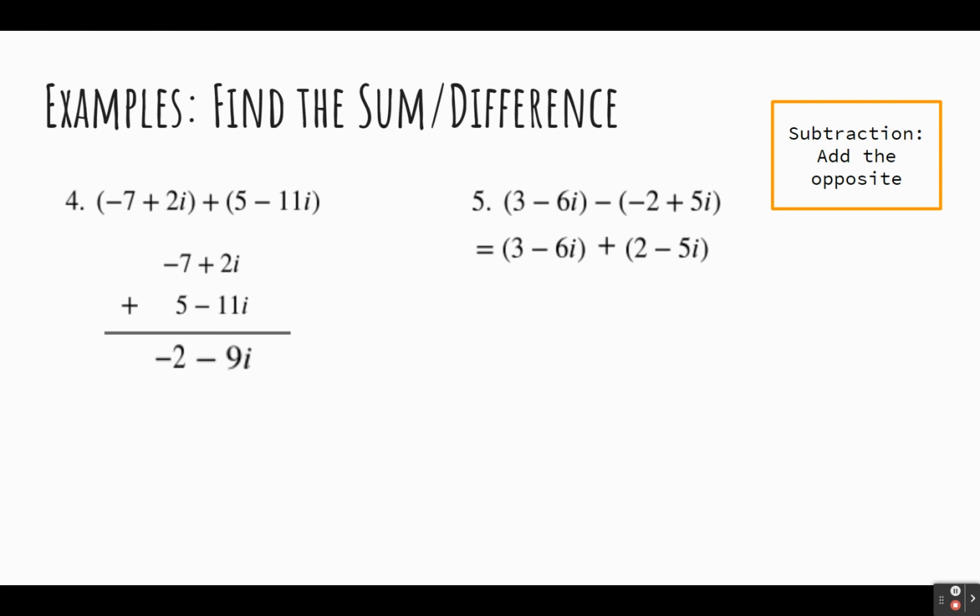So keep, change, by adding the opposite. So now we can add these complex numbers. We have 3 minus 6i that we're going to add with 2 minus 5i. Again, lining up the like terms, the real part and the imaginary part of the complex number. We get 5 minus 11i.